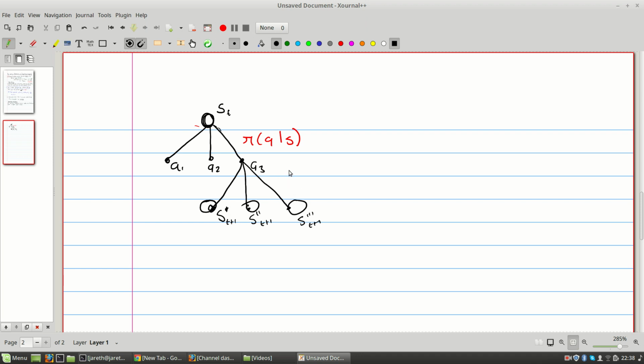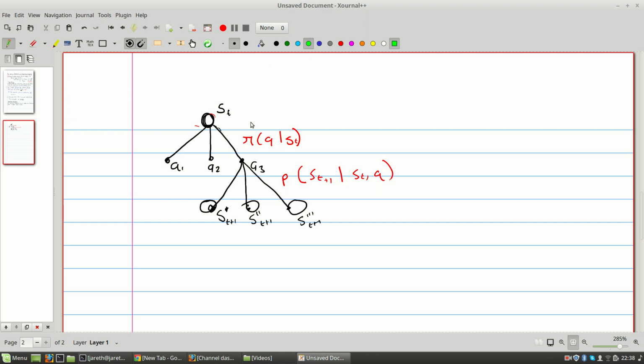We said this probability is represented by the probability of S_t+1 given S_t, comma, whatever the action is. This is what this probability was representing: what's the probability I might end up in state S_t+1, given that I'm in state S_t and I take action A.